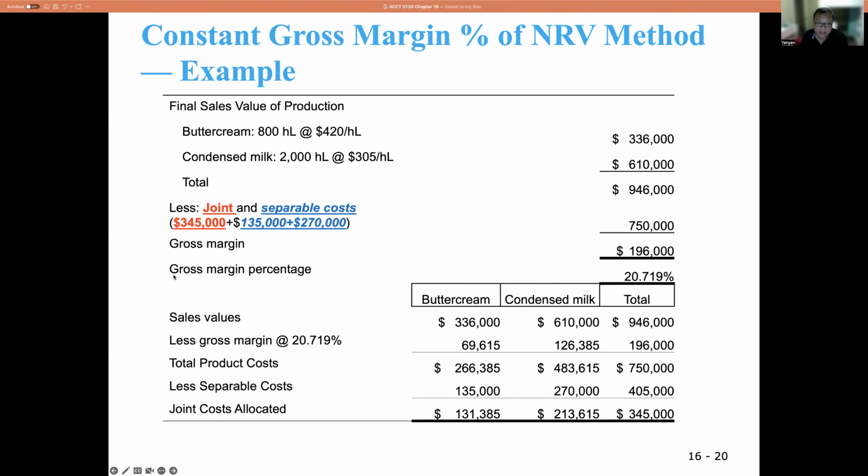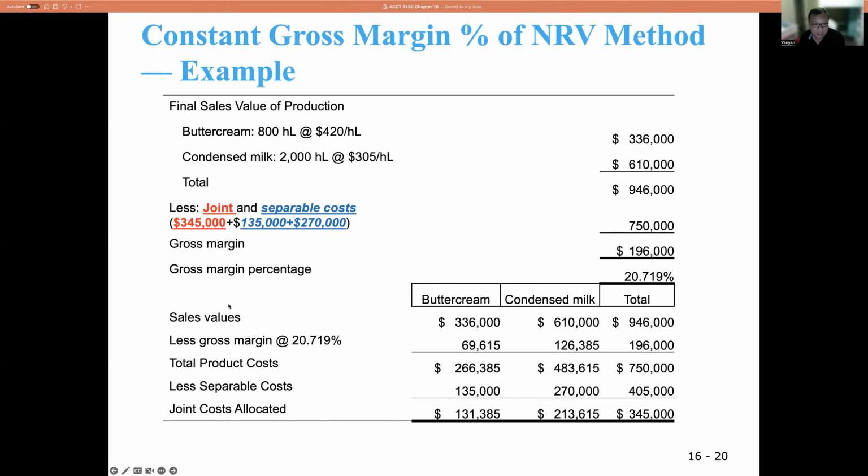Then I calculate the gross margin percentage by using 196,000 divided by 946,000, so my gross margin percentage is 20.719%.